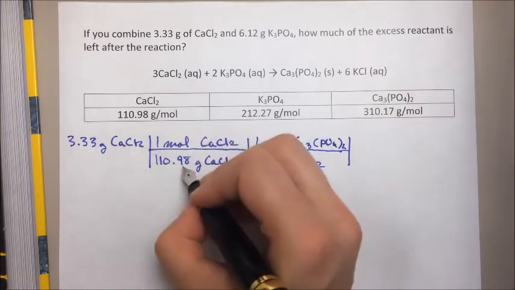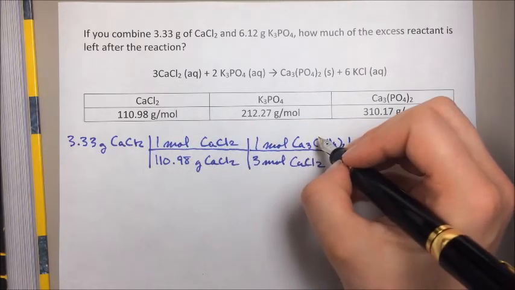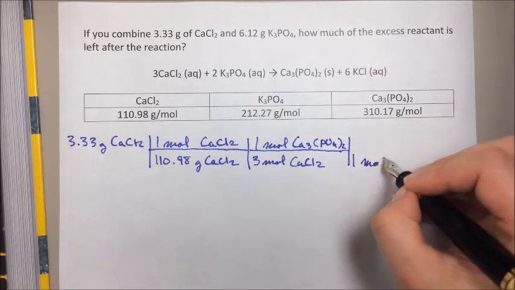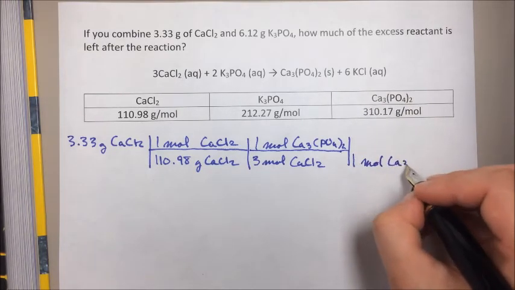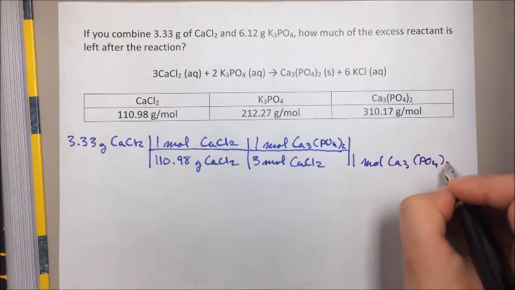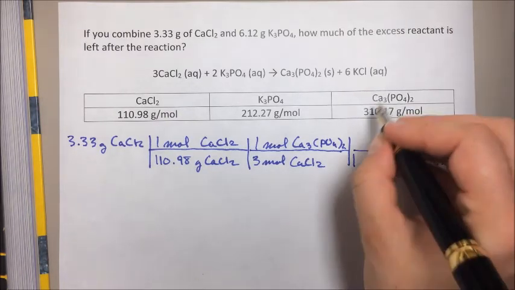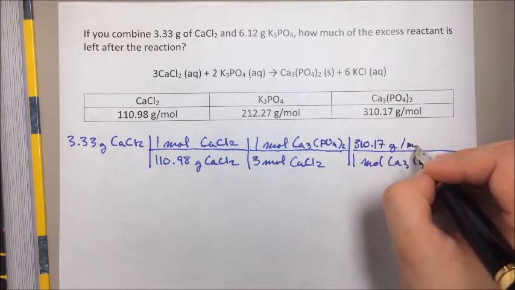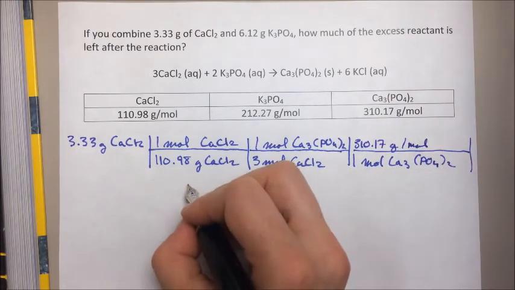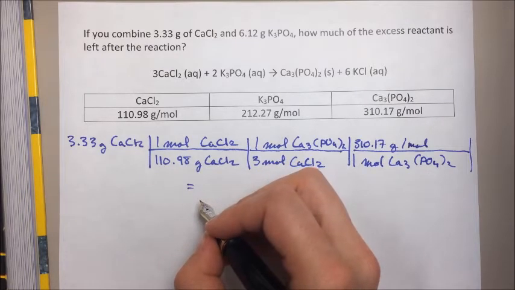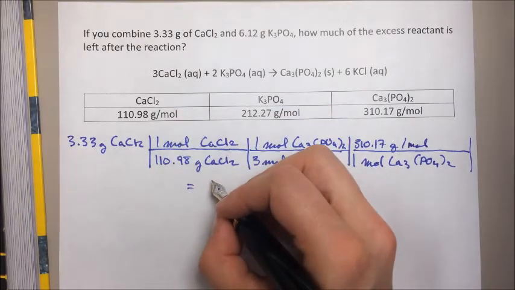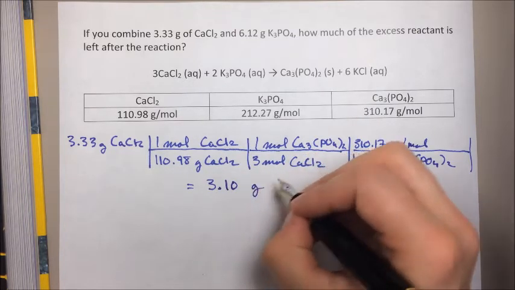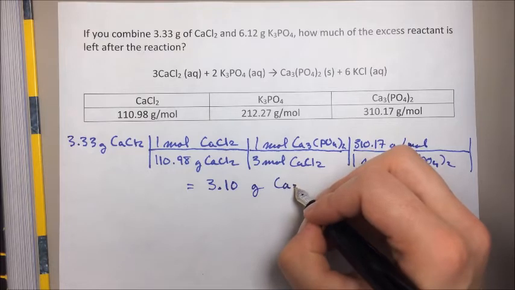So we've gone from grams to moles, moles to moles. Now we need to go back from moles to grams. The molar mass is here for calcium phosphate. Crunch those out, and from 3.33 grams of calcium chloride, you could expect to obtain 3.10 grams of calcium phosphate.